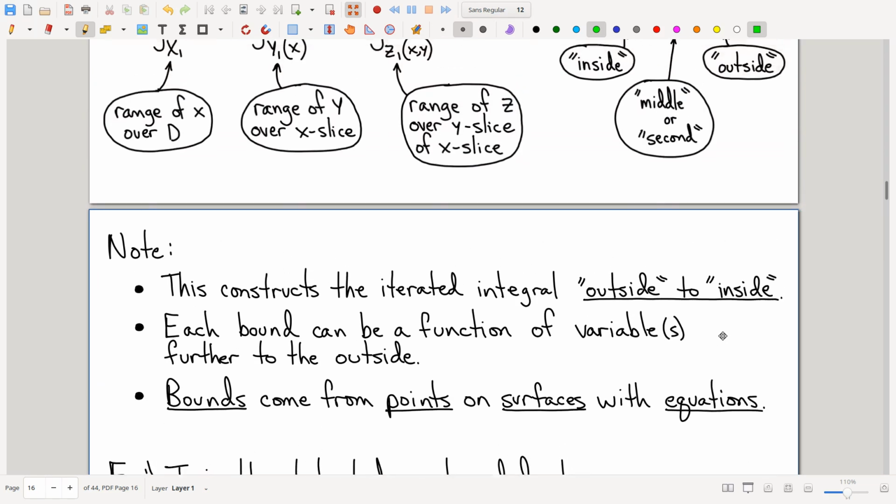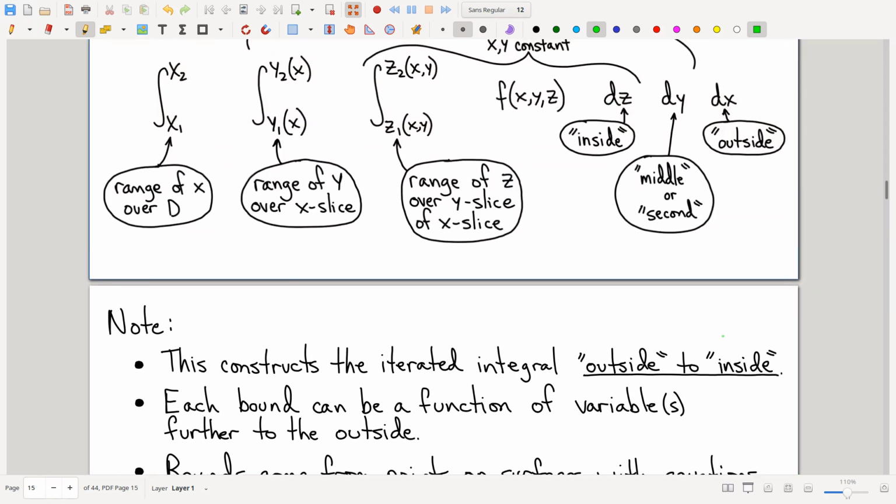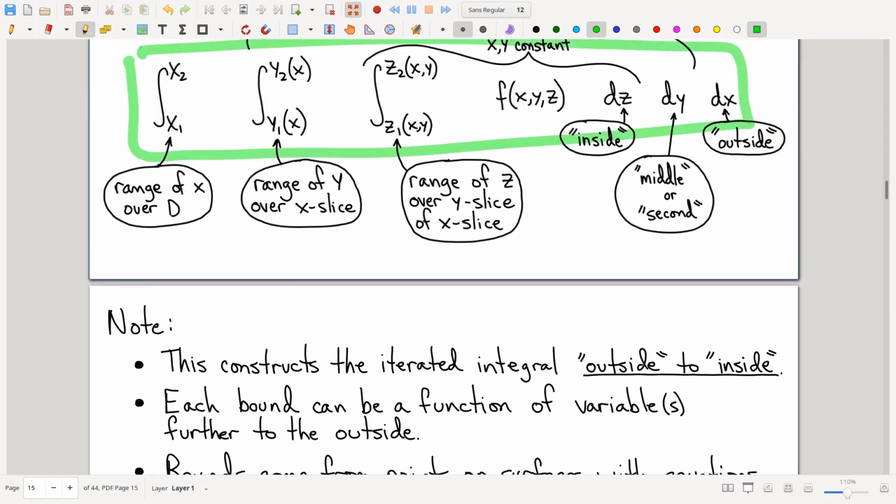So yeah, when it comes time to actually compute these great big monstrous triple iterated integrals, you are going to have to compute outside to inside, right? I can't even begin to think about doing the dx integral. I haven't worked out yet what the integrand is for the dx integral. The only integral in this picture whose integrand I know is the inside integral, the dz integral.